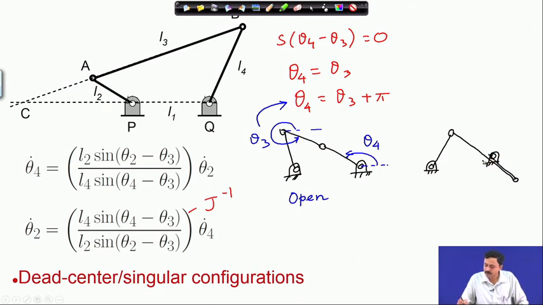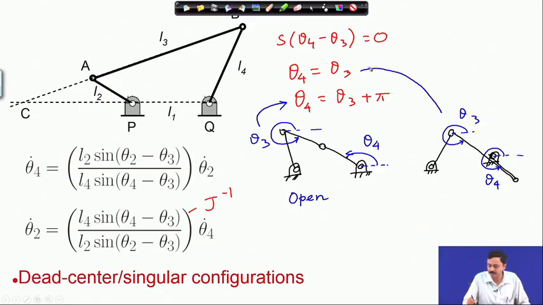So, here this is theta 4 and this is theta 3, and you can see that both are equal. So, this corresponds to the first solution, theta 4 equal to theta 3. So, this is known as the folded configuration.